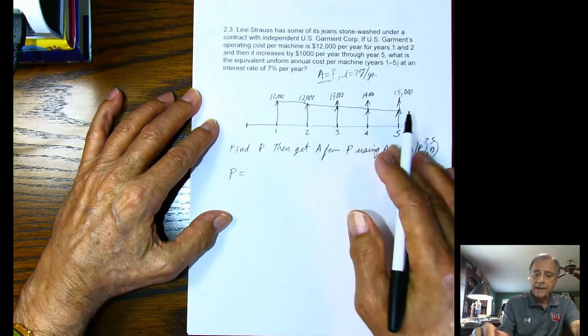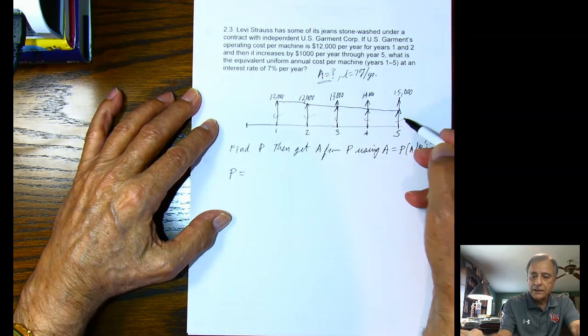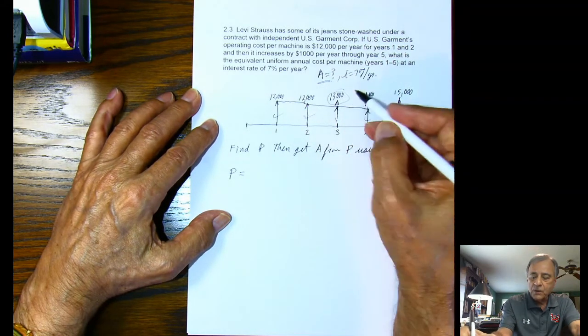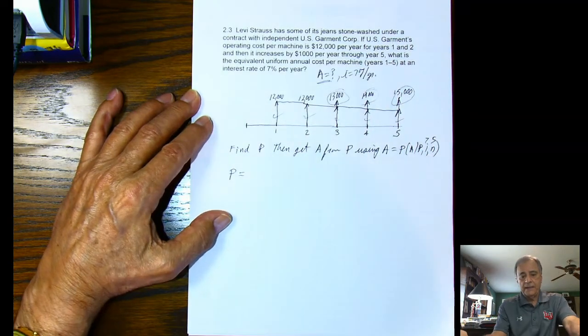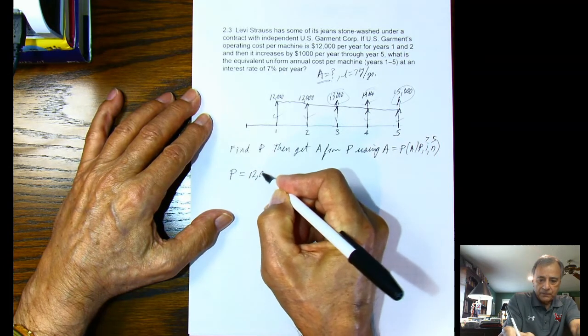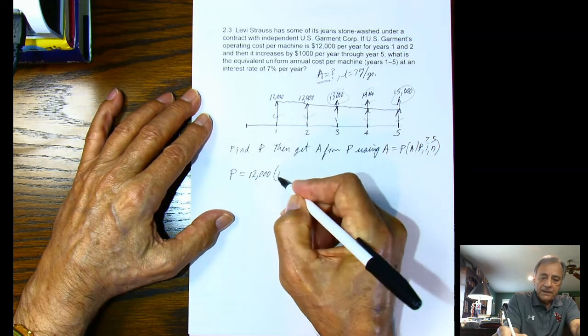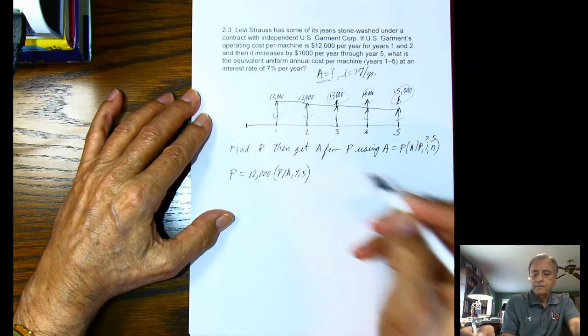So I can take that and then account for this, and this, but I still haven't accounted for 1,000 here, 2,000 here, and 3,000 there. I'll do that later. So that will be equal to 12,000 P given A, 7% for 5 years.